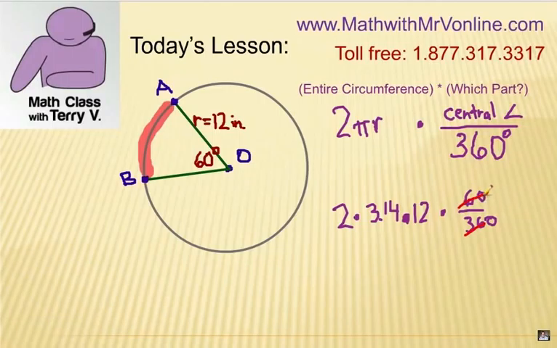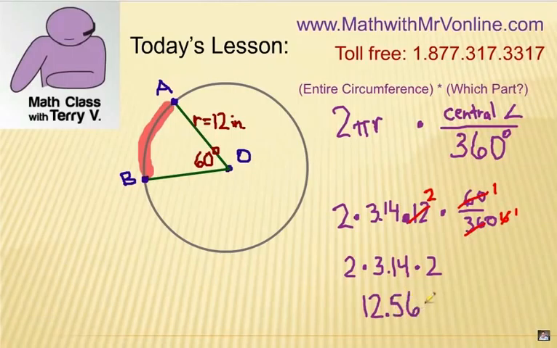So if we look at the 60 and 360, we can simplify by dividing out a common factor of 60, which is going to be a 1 over a 6. And then I notice here that I can factor out a 6 out of the 12 and a 6 out of the 6. And so now we put it all together, which will give us 12.56 in the end.